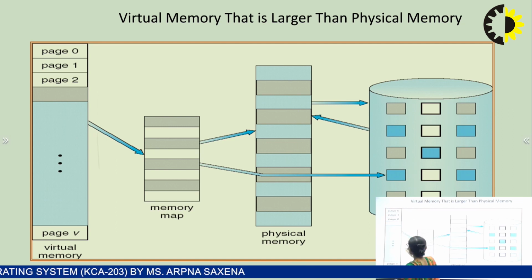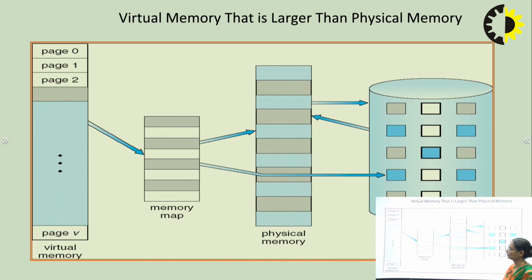Now this process is divided into n number of pages. The virtual memory is divided into pages, and this is the memory map for the process, and this is the physical memory.